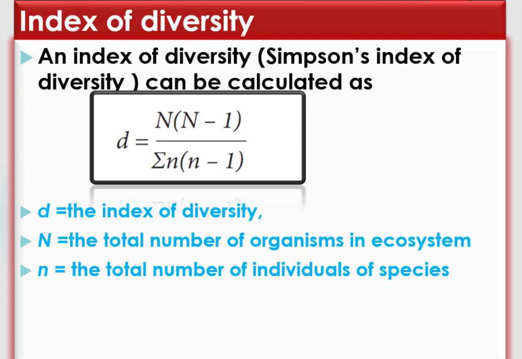One index of diversity is Simpson's index of diversity, calculated from the formula D = N(N - 1) / Σn(n - 1). D is the index of diversity, capital N is the total number of organisms in an ecosystem, and small n is the total number of individuals of a species in a given ecosystem.